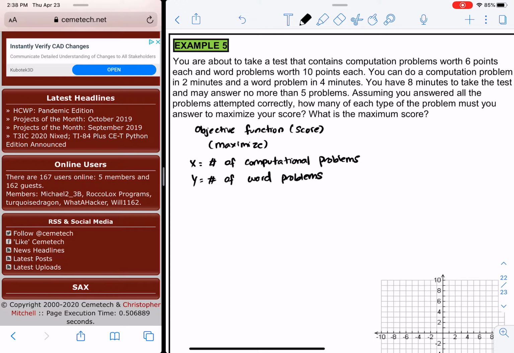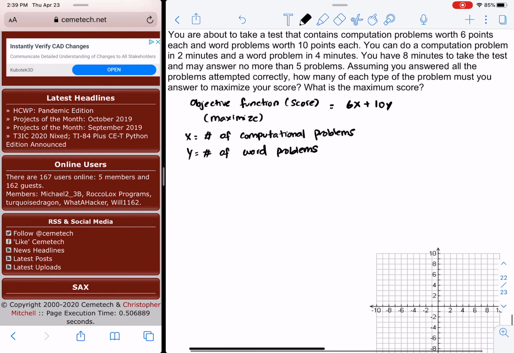And 6 times x, so 6 points for each computation problem, and 4 times y, 4 points for each word problem, should maximize the score. I take that back, it's actually 10 points for a word problem.